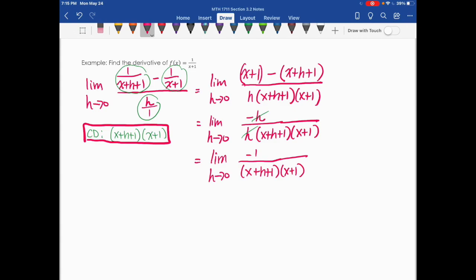Now I'm in a position where I can use direct substitution. So when I plug in 0 for h, I'm going to get negative 1 over x plus 1 times x plus 1, which is x plus 1 squared. So this is the derivative of the function 1 over x plus 1 at any point.